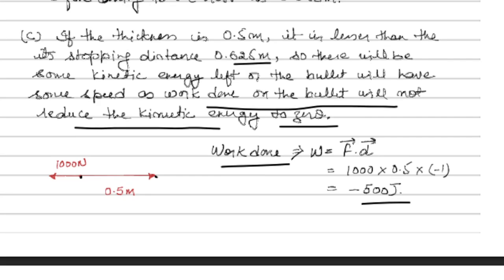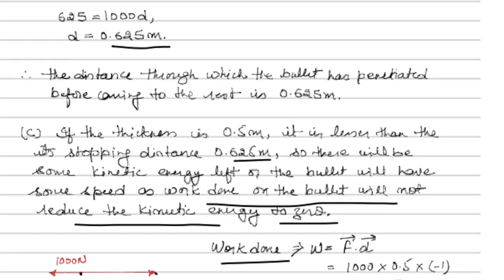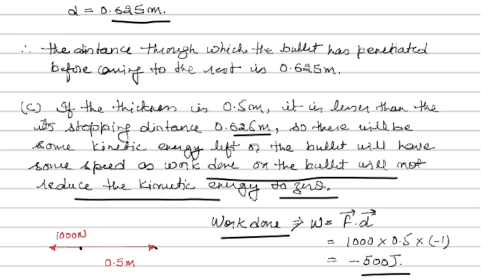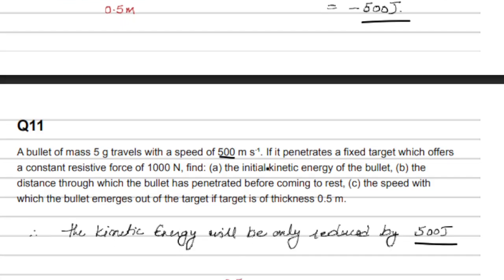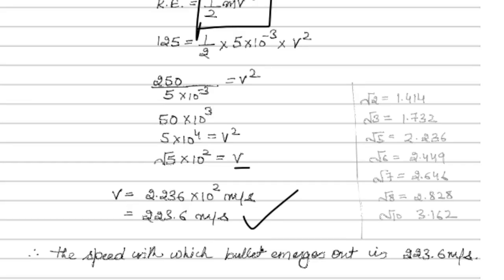So remember, it was going with 500 speed, and now see how much is remaining: 223 only. Here I have just written some values of square roots. If you want to remember them, recall them, because they were necessary to calculate that. So it emerges out with this speed.